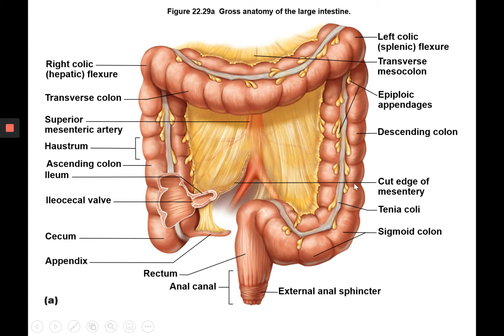It'll move down in the descending colon, then through the S-shaped sigmoid colon, finally through the rectum, then the anal canal. The anal canal includes an external anal sphincter, and the internal anal sphincter is a part of the pelvic floor. Another structure we haven't mentioned is the appendix, sometimes called the vermiform appendix. The vermiform appendix is located in the large intestine, but instead has an immune function.